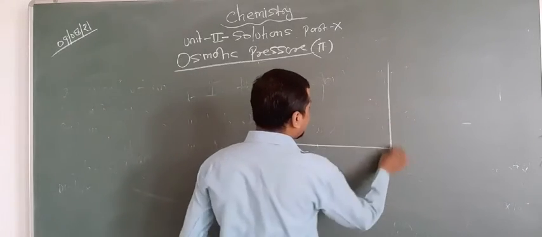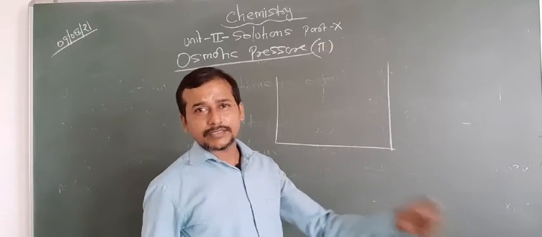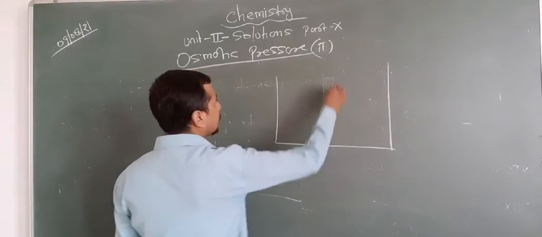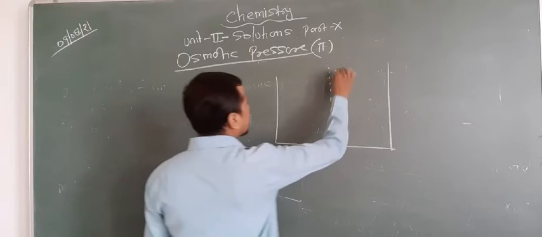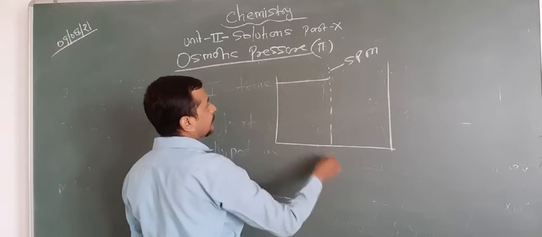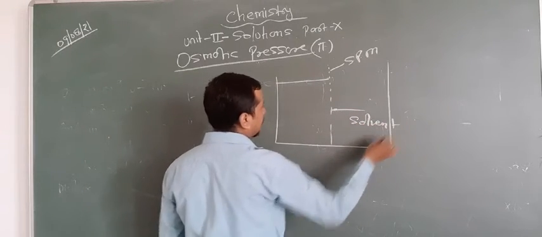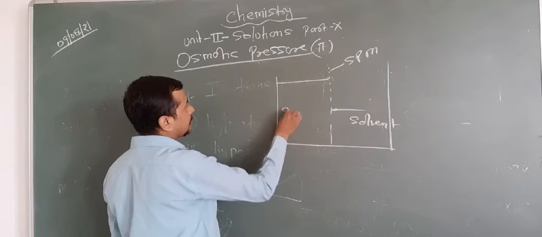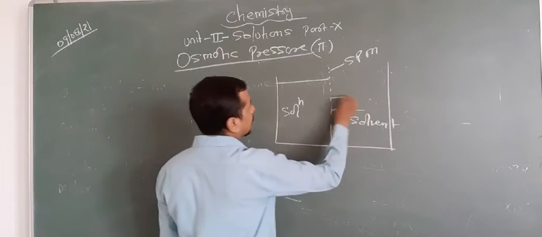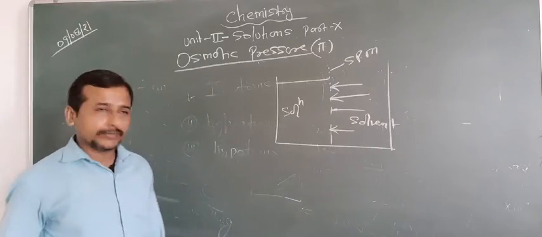In osmosis, the movement of solvent molecules takes place from higher concentration to the lower concentration through the SPM. Here we have the solvent, and here the solution. So solvent molecules move toward the solution due to osmosis.